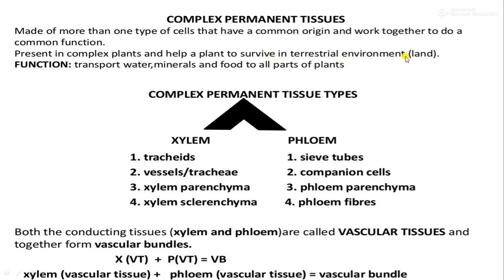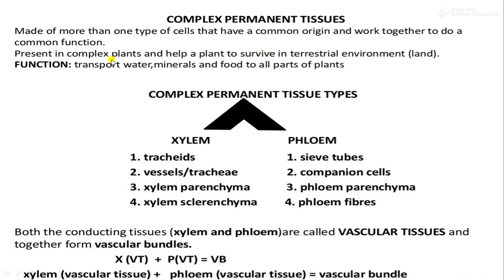See, land terrestrial environment has various kinds of habitat. Conditions are different, so accordingly these tissues help them to survive. They help the plant to adapt themselves to the different environment.